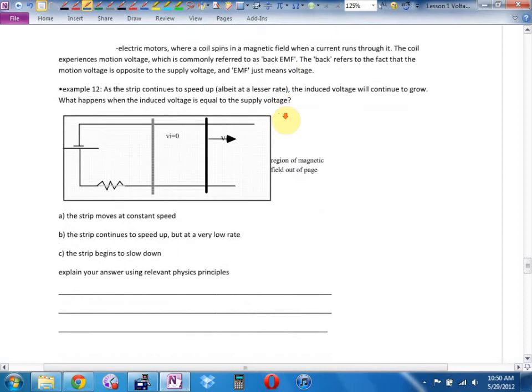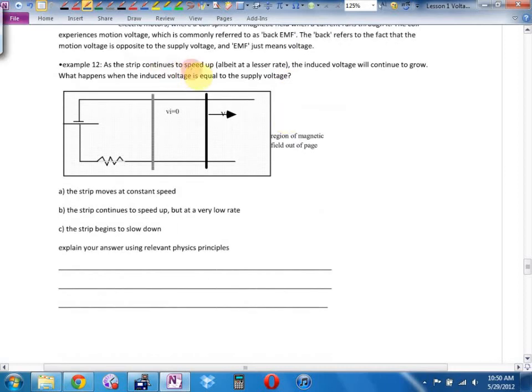Okay? As this strip continues to speed up at a lesser rate, it's not accelerating as fast, the induced voltage will continue to grow. What happens when the induced voltage is equal to the supply voltage? Well, your net voltage becomes zero because they cancel each other out.